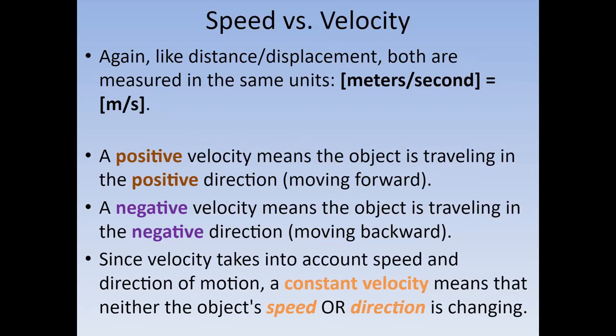So if you were originally moving at 5 meters per second to the right, that means throughout your entire motion, you have to maintain that 5 meters per second to the right the entire time. If you start changing directions, you are no longer moving with constant velocity. This is going to be important later on when we start mentioning other types of variables and other things.